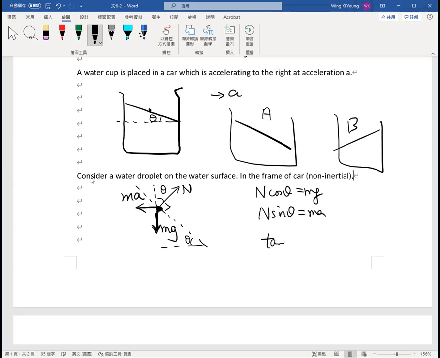Then you get tangent theta equal to a over g. Then you solve the angle theta. Here you can see that the larger the acceleration, the larger the tangent theta, and the larger the angle will be.